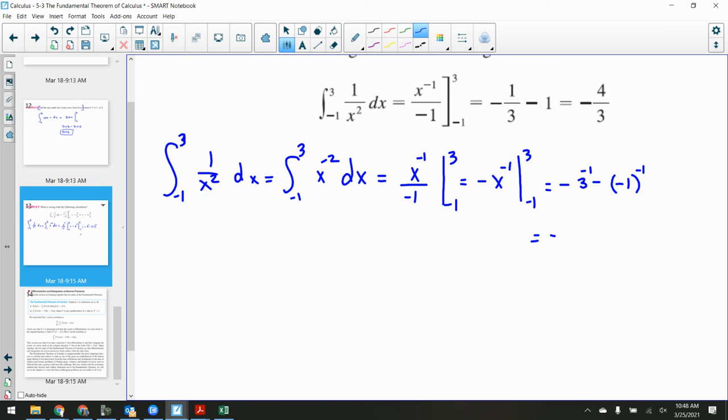This is -1/3 minus a -1, right? Because putting that into the denominator would have made it the same. We all agree? So do we see here what the issue is? They must have messed up with the negative right here.